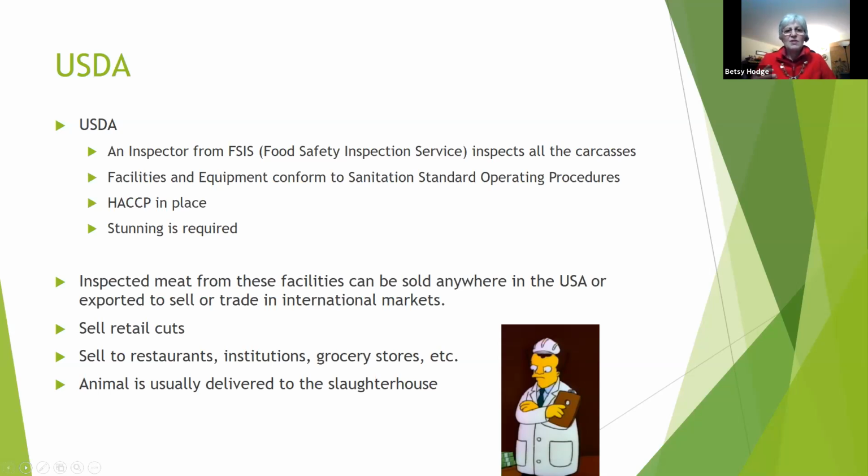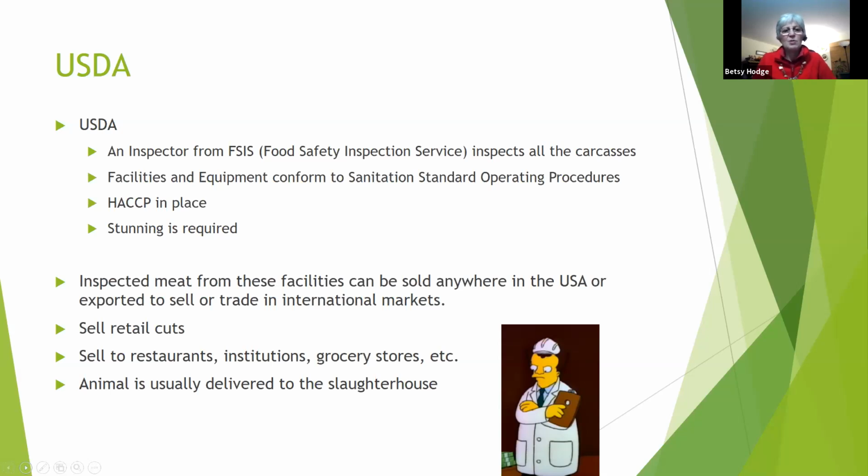So if you have several steers done and you have freezers in your garage and they're plugged in, they have a recording thermometer, people can come and buy steaks or hamburger or whatever they want. You don't have to sell them a half or a quarter of a steer. They can actually buy retail cuts. You can also sell to restaurants, institutions, grocery stores, schools, almost anybody, basically, if you have USDA inspection. That is one of the reasons why it's in such high demand.